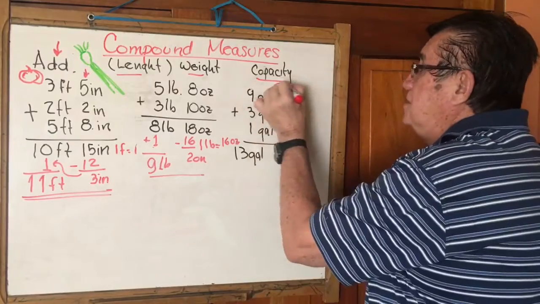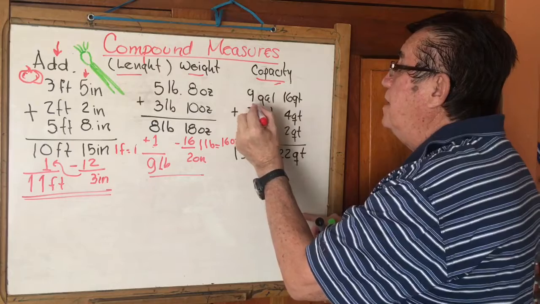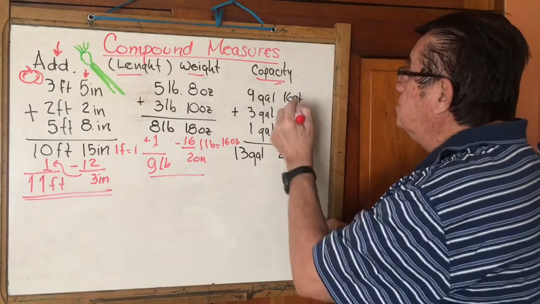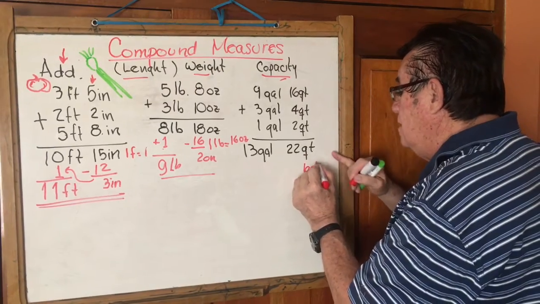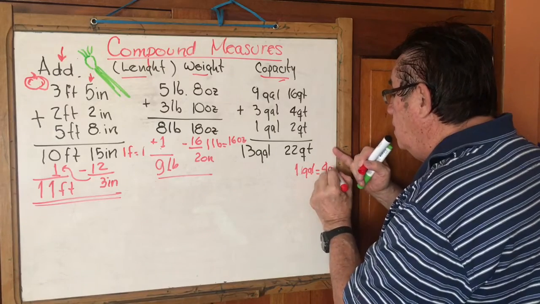Okay, in capacity, gallons, we have 9 plus 3 is 12, plus 1 is 13. And I have 22 quarts. And I know that 1 gallon is equal to 4 quarts.